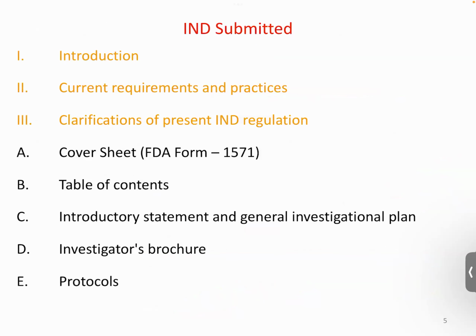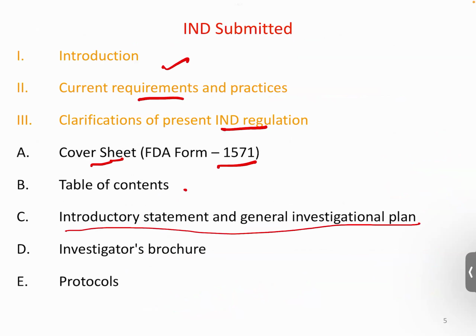So now in detail, you will be giving the introduction, current requirements and practices, clarification on IND regulation, cover sheet as per Form 1571, table of contents, introductory statement and general investigational plan. Like we are trying to work on this molecule to treat an infection, maybe a respiratory infection, for example.